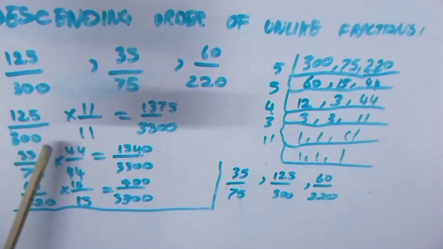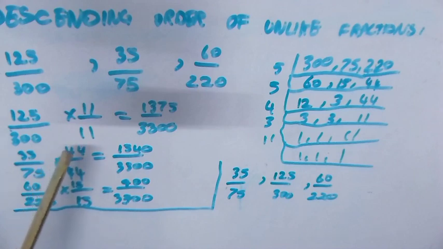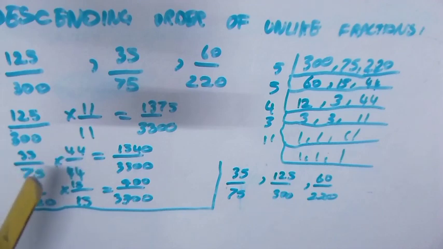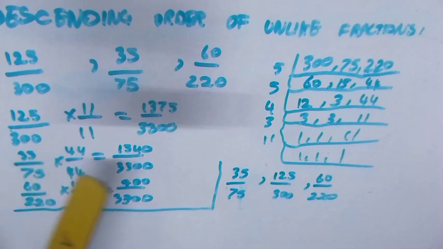So first we got to take the first fraction, which is 125 by 300. I've written it here, and then multiplication mark, and then a fractional line, and then an equal to, and then again a fractional line in which the LCM will be written. So the denominator of 125 by 300 is multiplied with a number to get 3300, which is 11. So as 11 is multiplied with 300, we also multiply it with 125, which will get as 1375 by 3300.